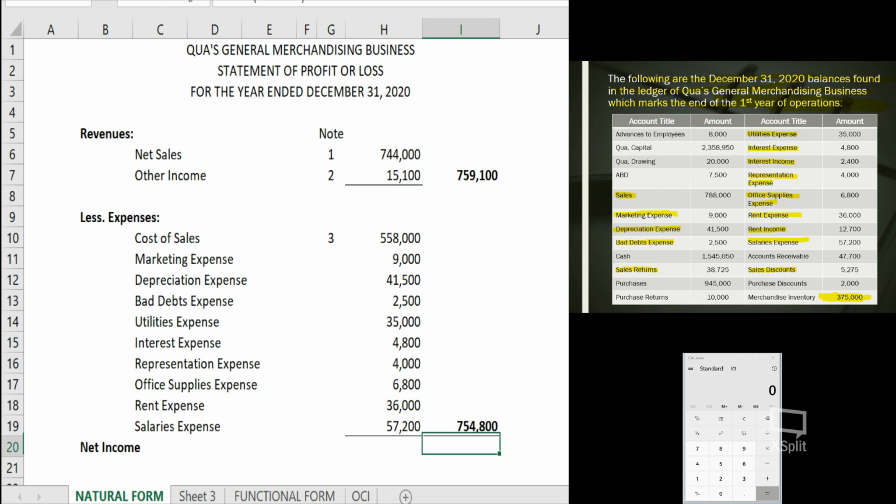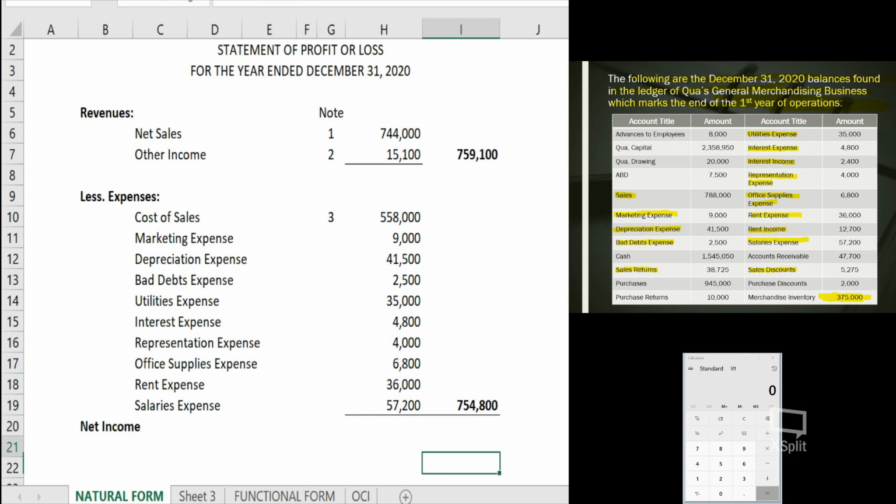Ayan. And now, meron na tayong total revenue, meron na tayong total expenses. I think we can now get our net income. You simply have to subtract the two. Okay, so our income will be 4,300 pesos. Once again, double rule.